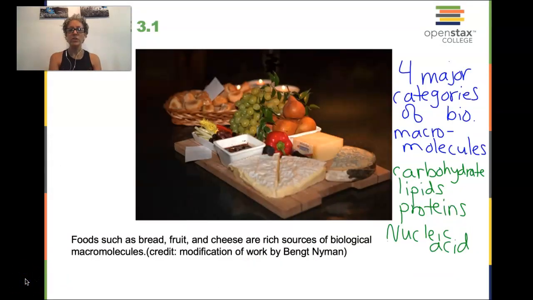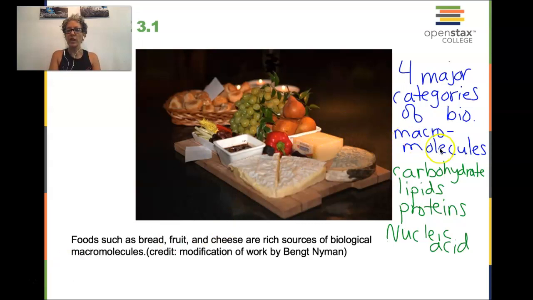This image shows lots of different kinds of foods, and like me, you probably don't think about what biological macromolecules are in the foods that you're eating. But this one tray does show us the different types of molecules that we will be discussing in this chapter.